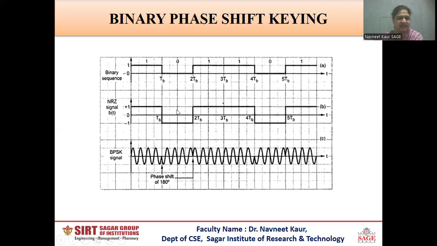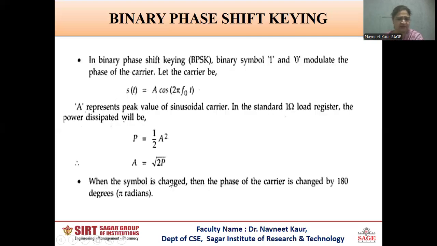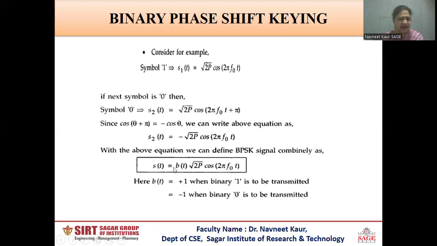So for 1 it is 1, for 0 it is minus 1. Now if I have message 1, then b(t) will also be 1. So here instead of b(t), I'll have 1. So the equation of the signal will be only root 2P cos 2 pi f naught t, which is the same as I had explained earlier for message 1.